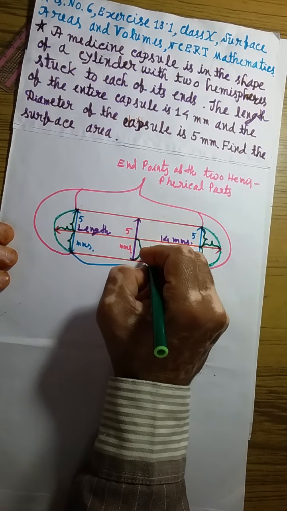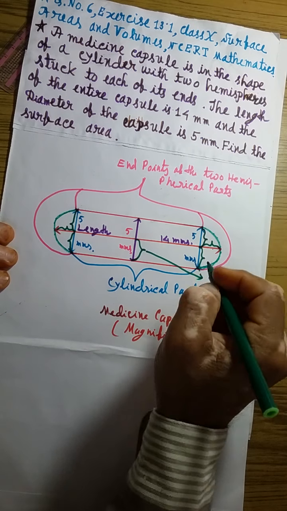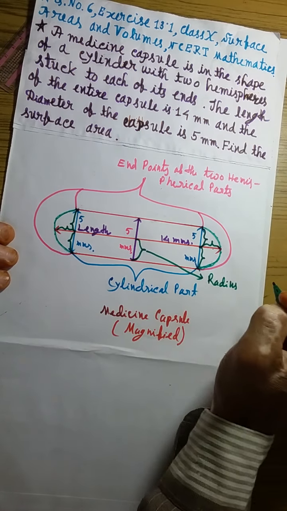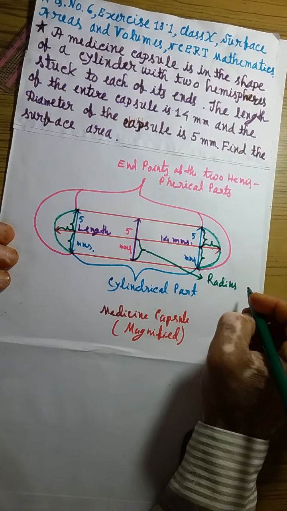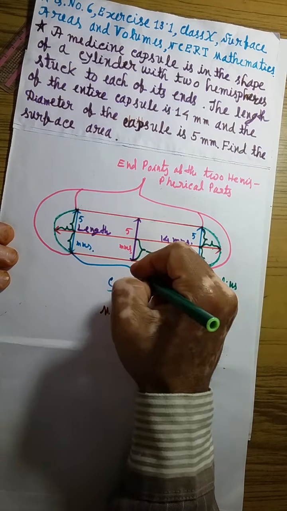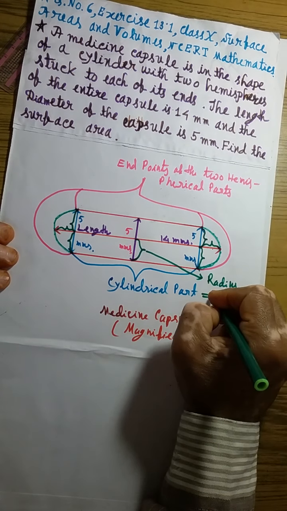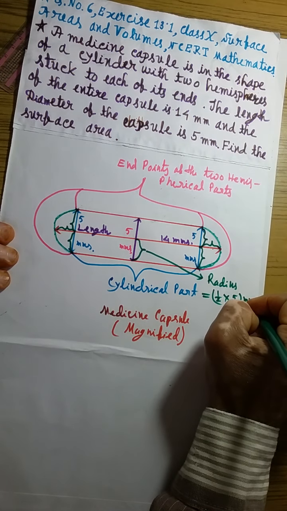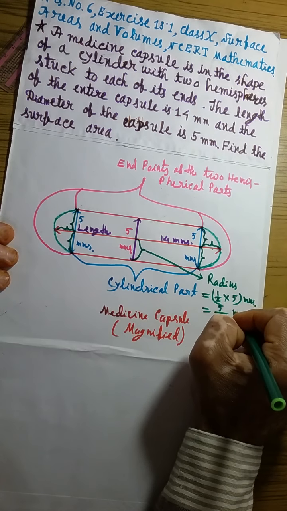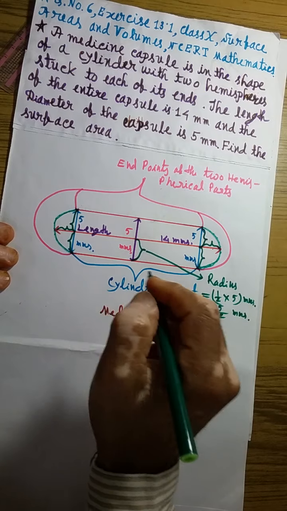Right here, radius of the cylindrical part, which will be half of 5 millimeters, which is 5/2 millimeters.